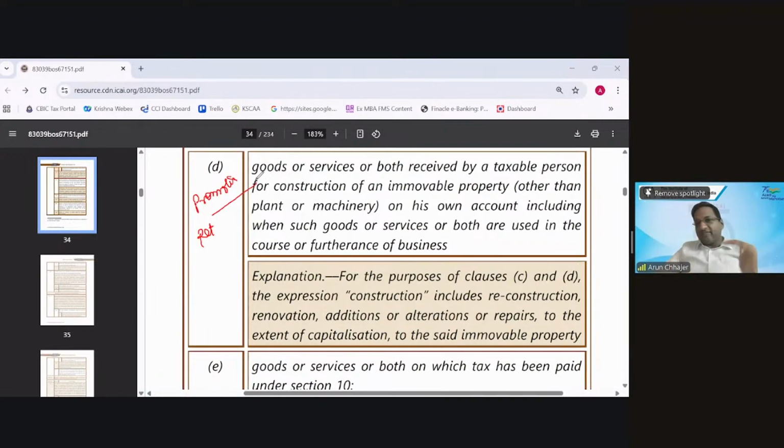I constructed the flat. Let's say I've created 3 towers and I've sold 3 towers. You tell me the goods and service which I have purchased, whether 17.5D is allowing or blocking the ITC.